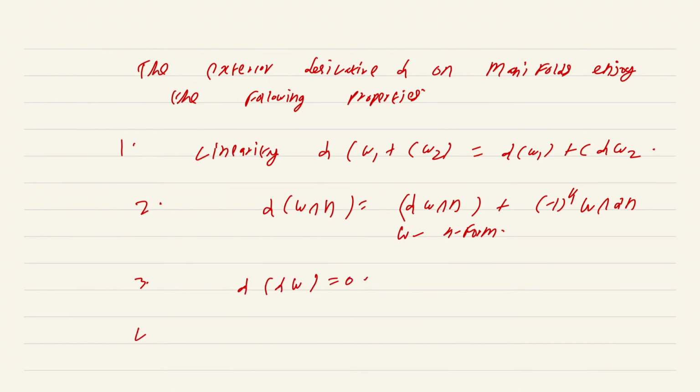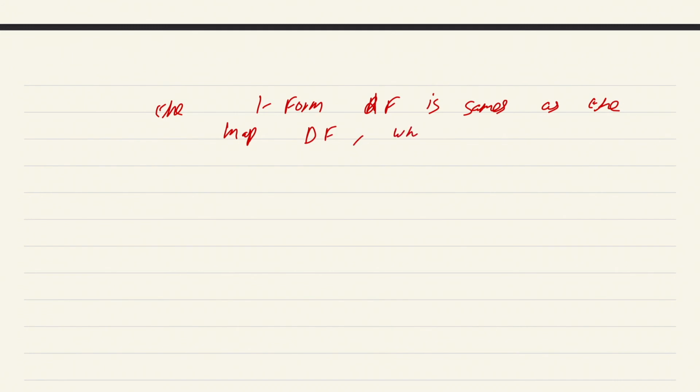Then the fourth one says that if f from M to R is a function, then the one form df is the same as the map df_a, where df_a is a map from T_aM to R viewed as a one form on V equal to TM.